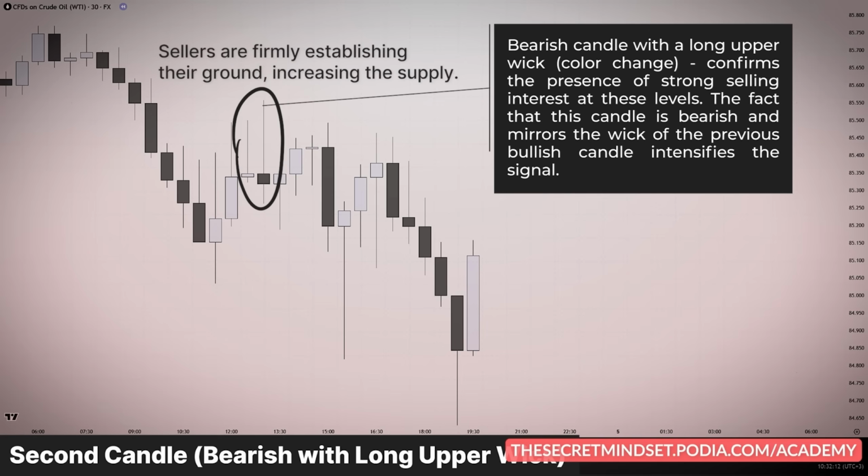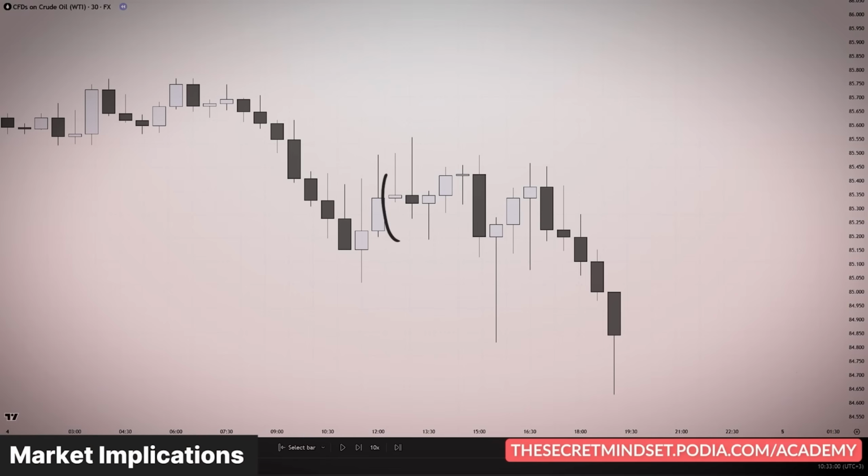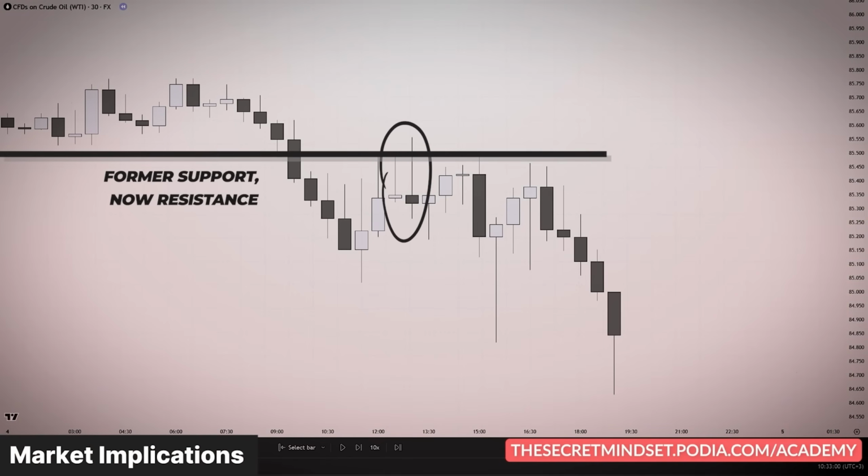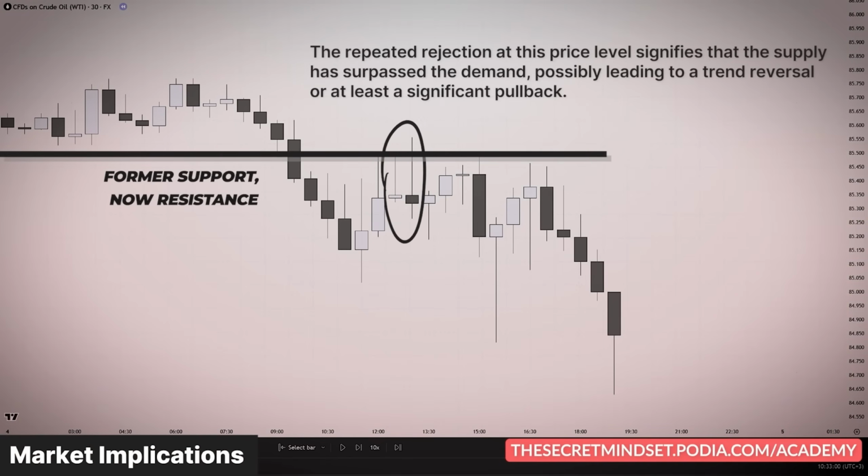The sellers are not just reacting spontaneously, they are firmly establishing their ground, showing that they are prepared to sell at these prices, thus increasing the supply. The repeated rejection at this price level signifies that the supply has surpassed the demand, possibly leading to a trend reversal or at least a significant pullback.